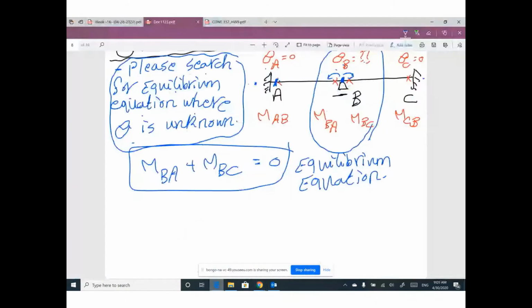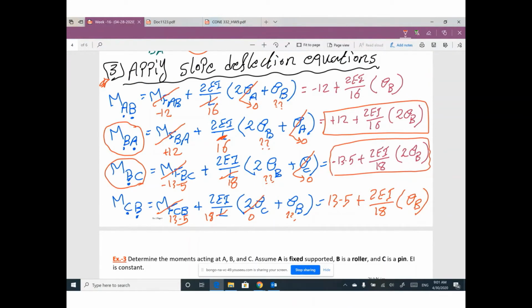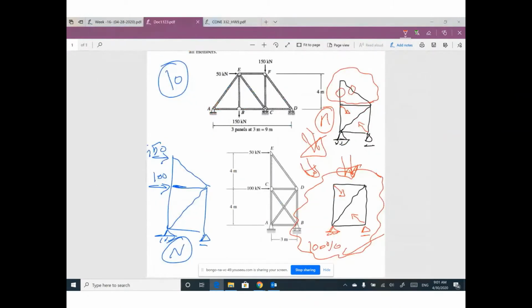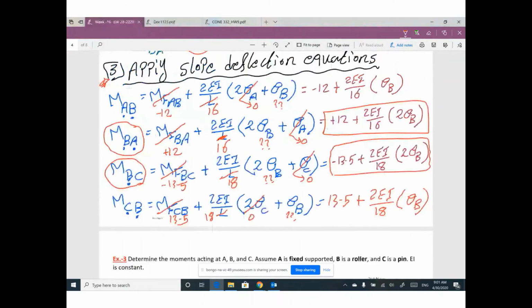Yes. So I will say, hey, be careful. MBA and MBC, you already have them. MBA, you have this equation. MBC, you already have this equation. Go ahead and sum this equation plus this equation equals 0. So I will say MBA. What was MBA?